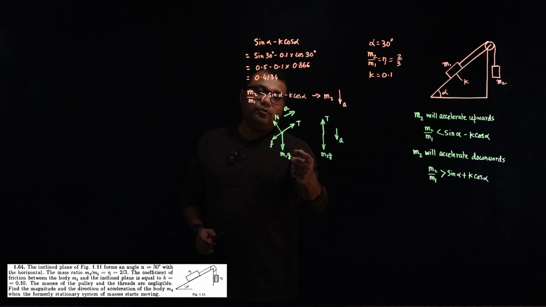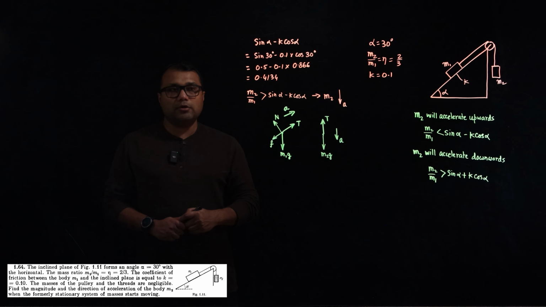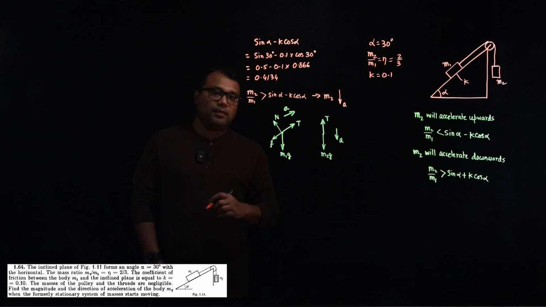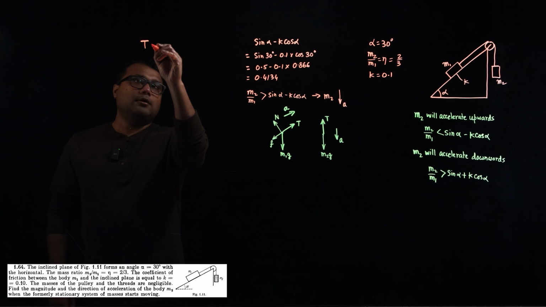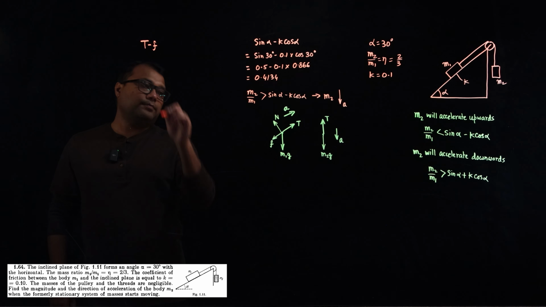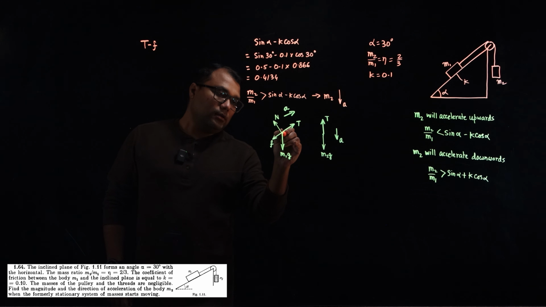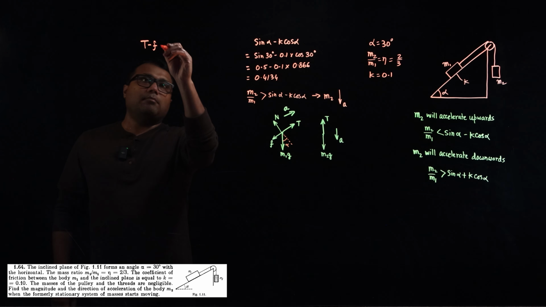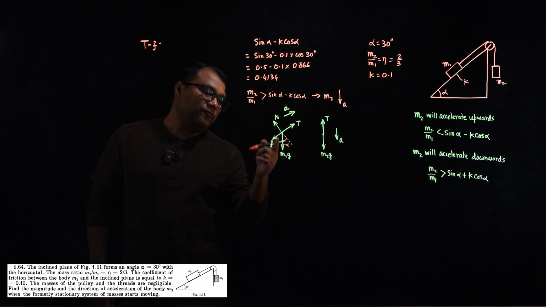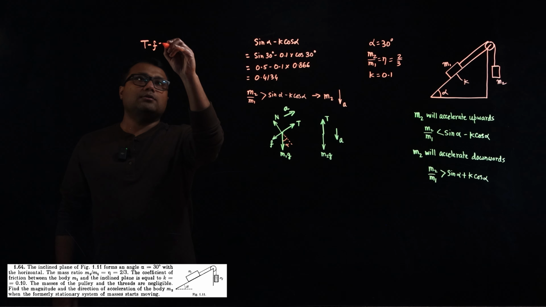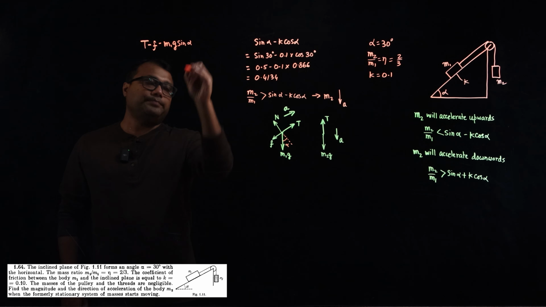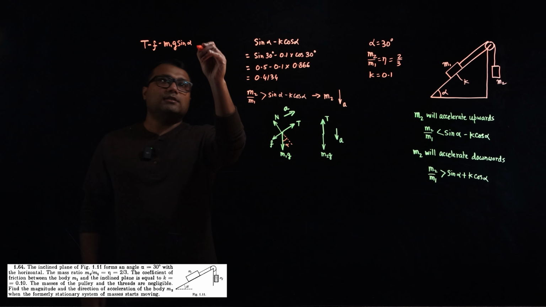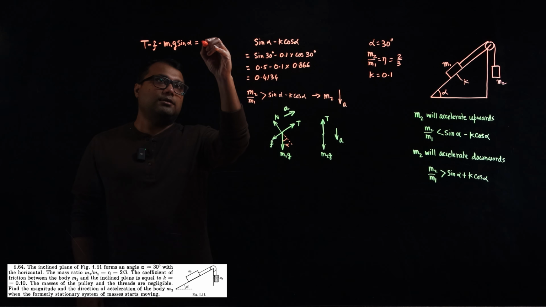So, now from both of these we can write Newton's equations of motion. From this we can write T minus F friction, and also this angle is alpha, minus the component of m1g in this direction, so that is m1g sine alpha, is responsible for acceleration of m1.